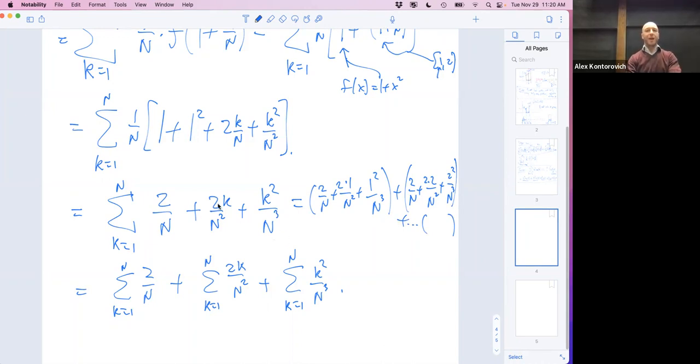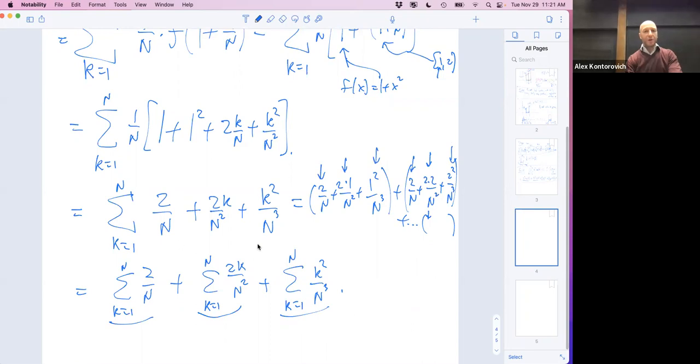The last term is with k equal to n. And all this says is, you're going to add up 2 over n, and you'll do that n times. And then you're going to add up 2 times k over n squared, as k goes from 1 to n. And then you'll add up k squared over n cubed, as k goes from 1 to capital N. Does everybody see that?